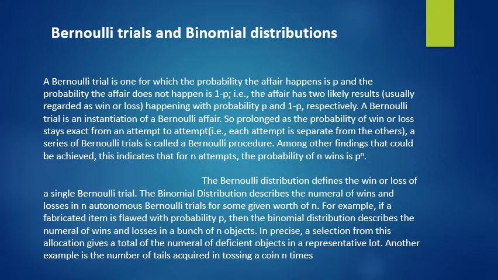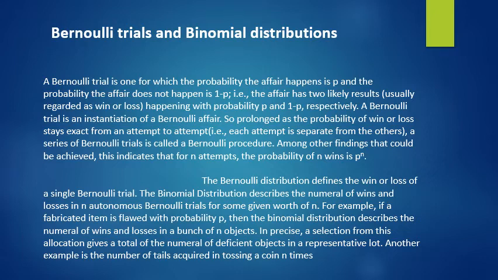A series of Bernoulli trials is called a Bernoulli process. Among other findings that could be achieved, this indicates that for n attempts, the probability of n wins is p power n. The Bernoulli distribution defines the win or loss of a single Bernoulli trial. The binomial distribution describes the number of wins and losses in n independent Bernoulli trials for any given value of n.